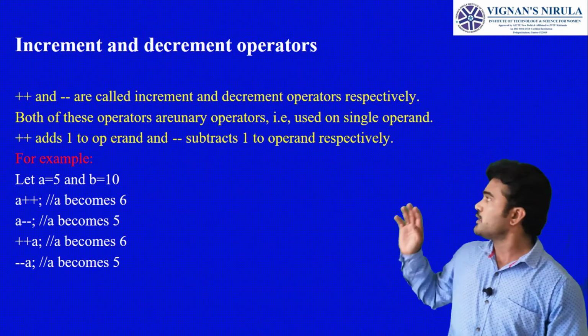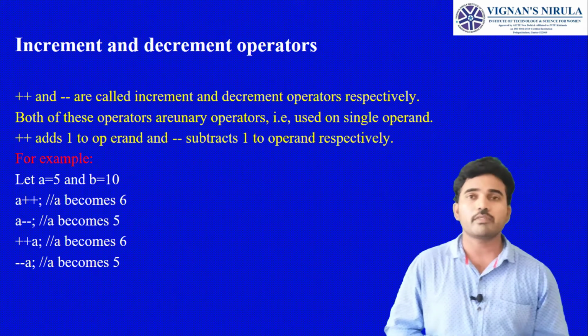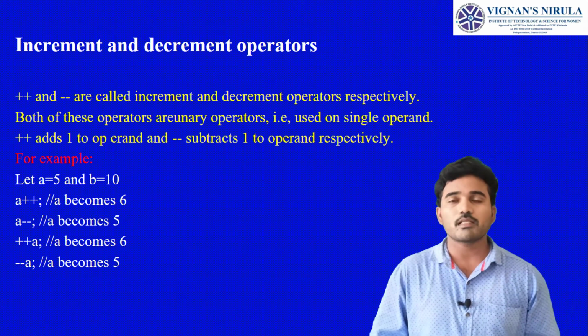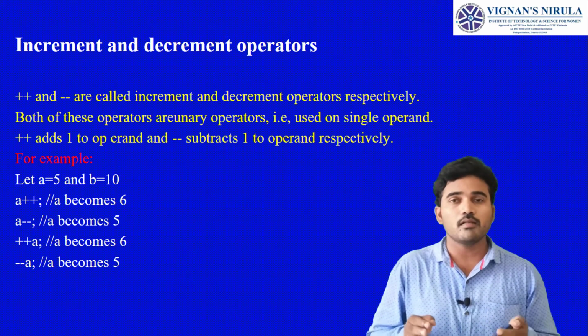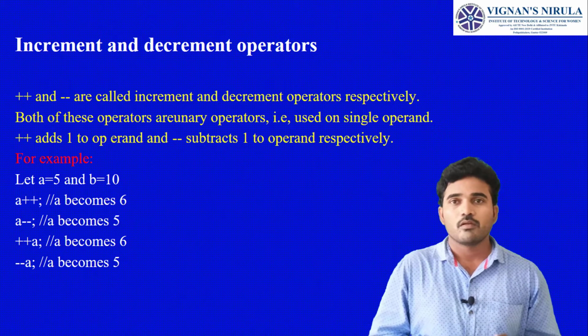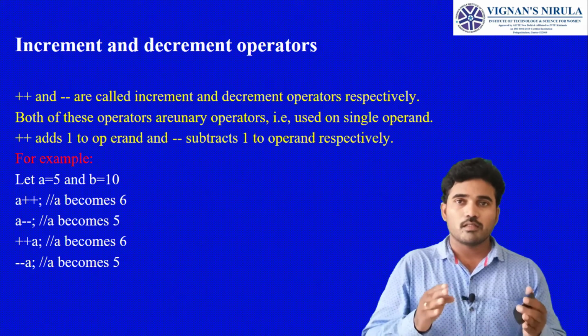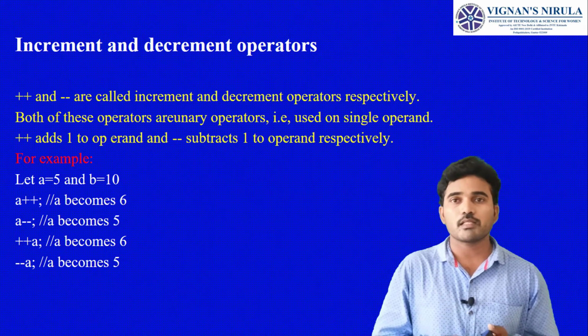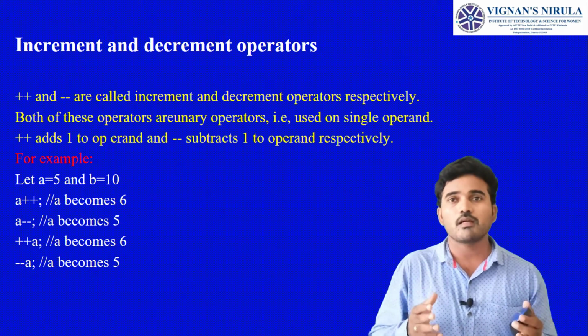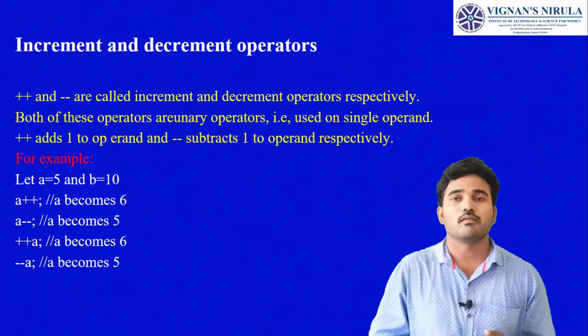There are two types of operators: prefix operator and postfix operator. The prefix operator first adds 1 to the operand and the result is assigned to the variable on the left hand side, whereas the postfix operator first assigns the value of the expression to the left hand side and then increments the value of the operand by 1.